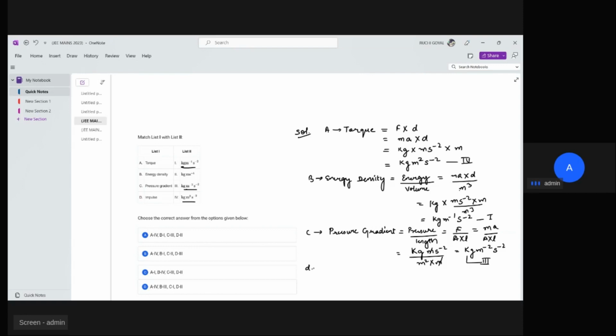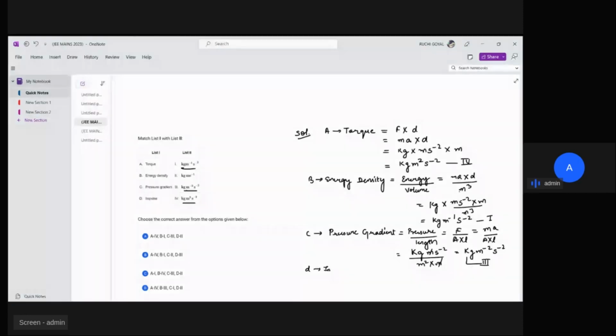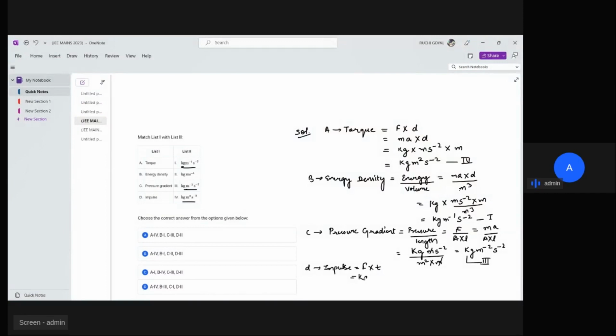Now the fourth quantity is impulse. Impulse is equal to force into time. So force is kg meter per second square, into time in seconds. So impulse will be kg meter per second.